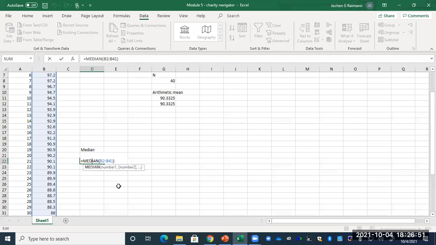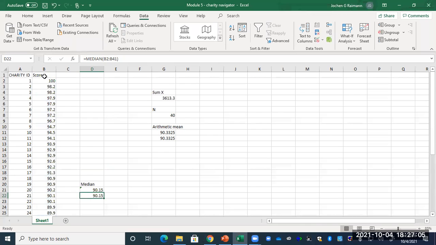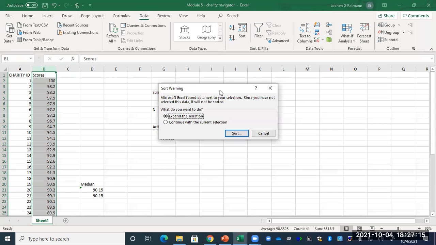Yes, you need to order it first. You go on scores, select the column that you're interested in, go on data, and on data you can go on sort.